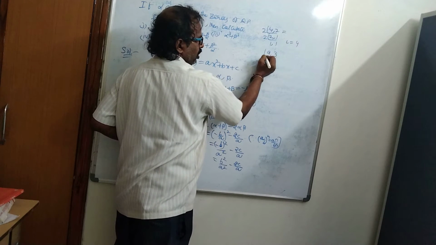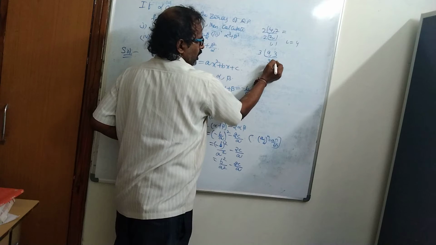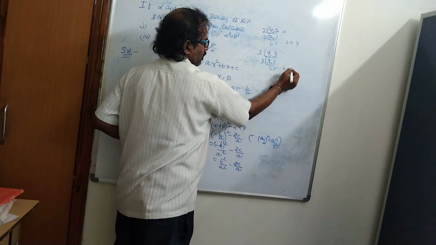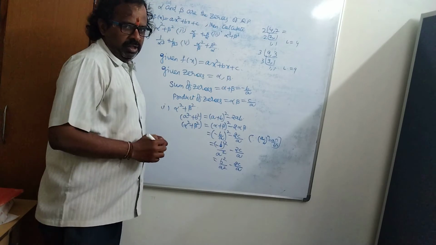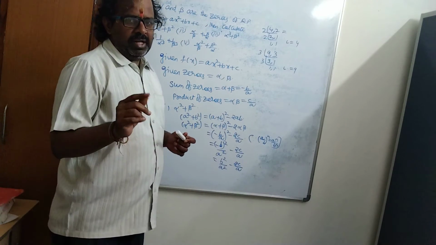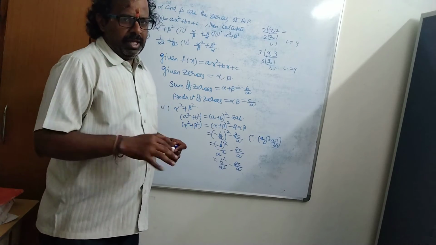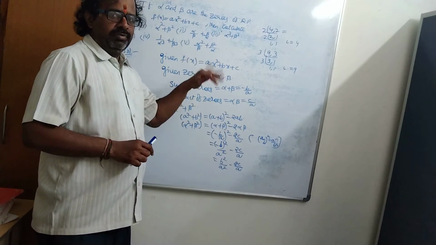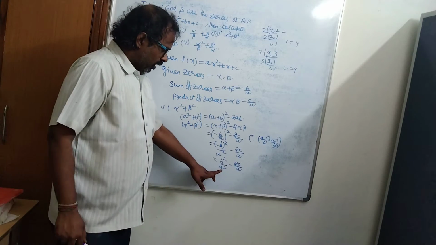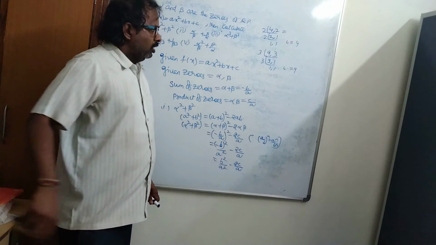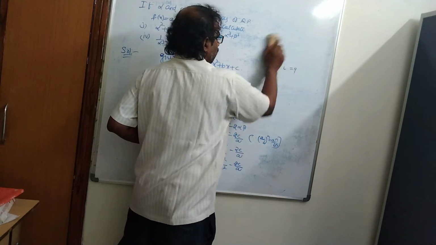Take 9 and 3: 3 3s are 9, so LCM is 9. That means when you are taking a number and its square, the LCM will be the square of that number. In the same way here also, a square and a, the LCM will be a square.